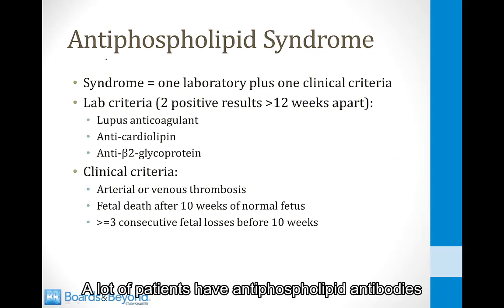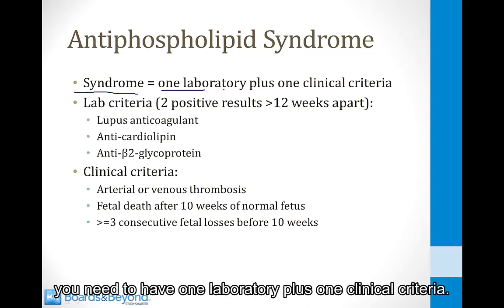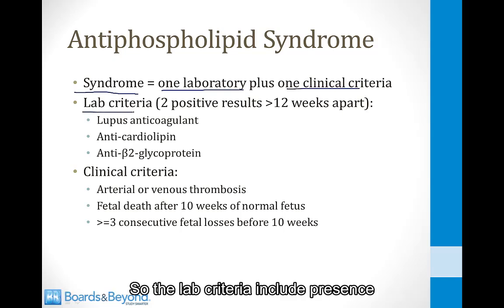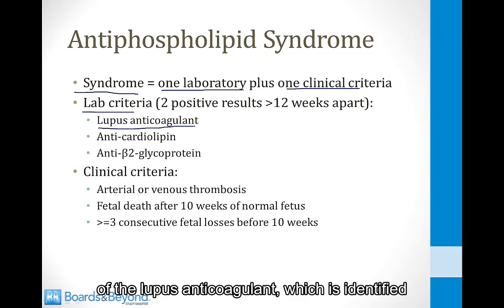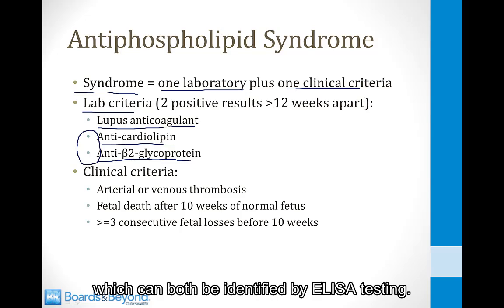A lot of patients have antiphospholipid antibodies but do not have the antiphospholipid syndrome. In order to have the syndrome, you need to have one laboratory plus one clinical criteria. So the lab criteria include presence of the lupus anticoagulant, which is identified through coagulation system testing, or presence of anticardiolipin or anti-beta-2 glycoprotein, which can both be identified by ELISA testing.